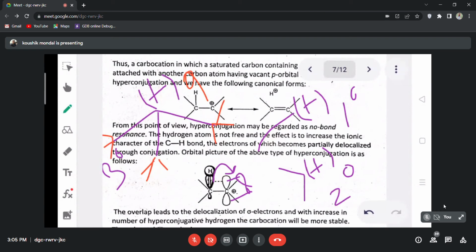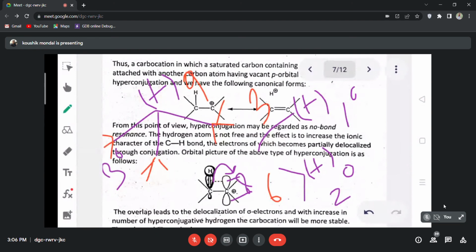This tertiary, the 3 degree carbocation, will be stabilized by 9, this one by 3, and this one will be stabilized by the hyperconjugative effect of 6 C-H bonds.